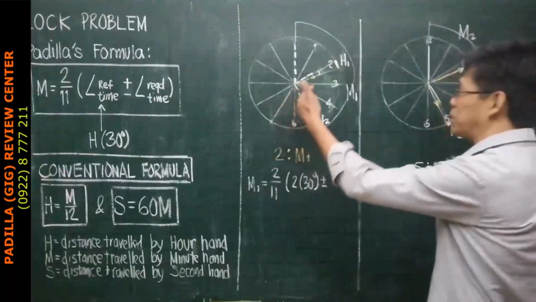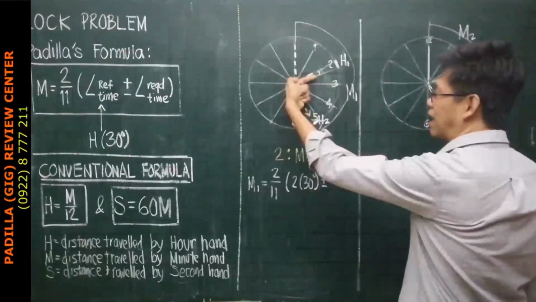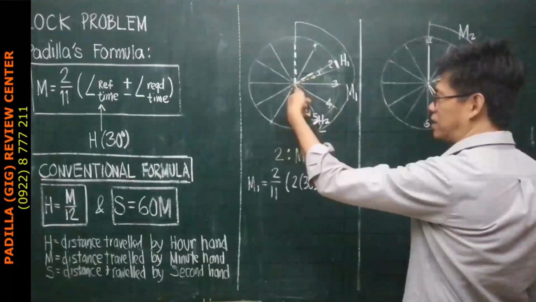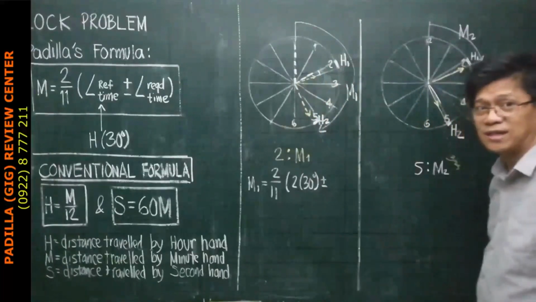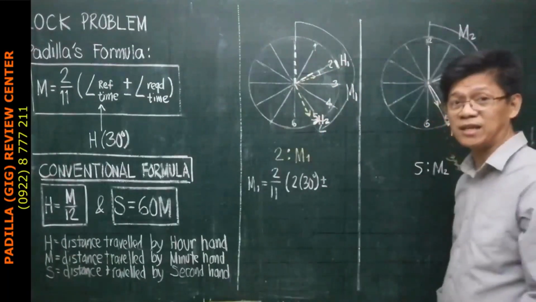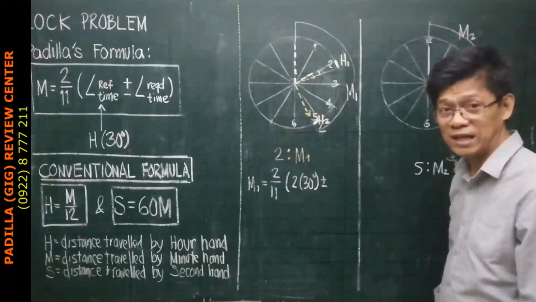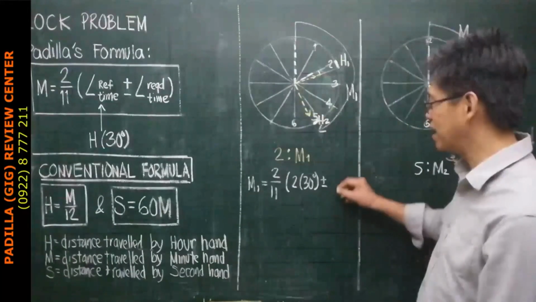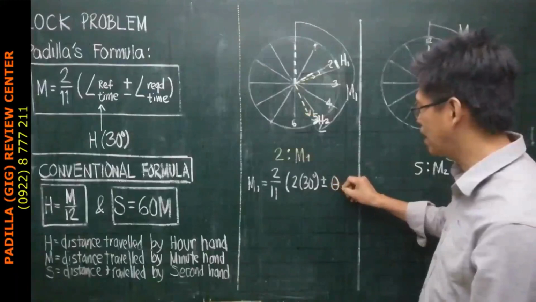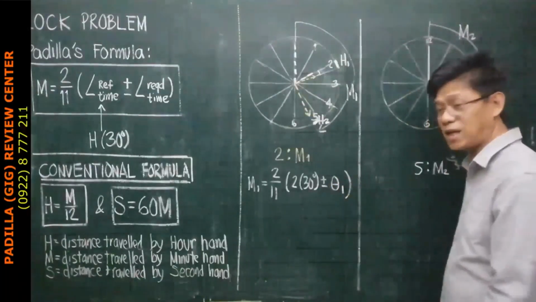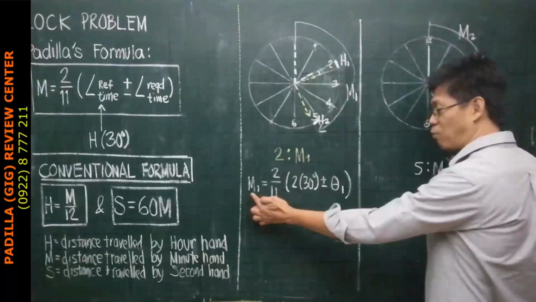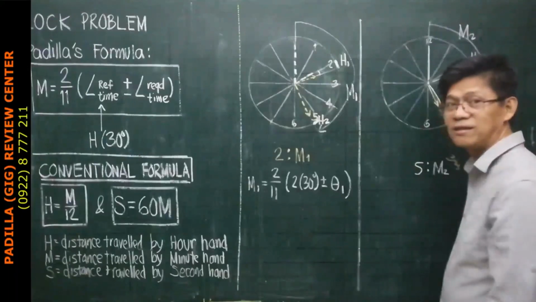The angle here between hour hand and minute hand is this one. It is less than 90 degrees, but we do not know exactly how much it is. So, sabihin natin ito ay theta 1. This equation involves M1 and theta 1, right?